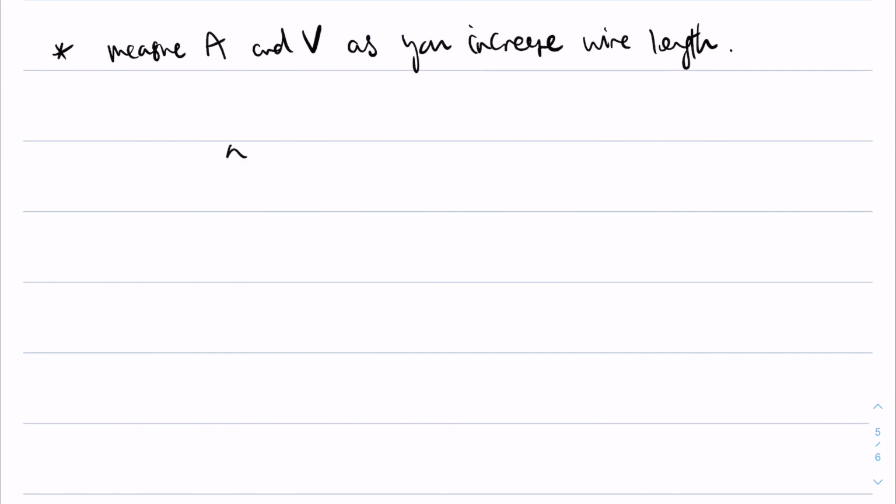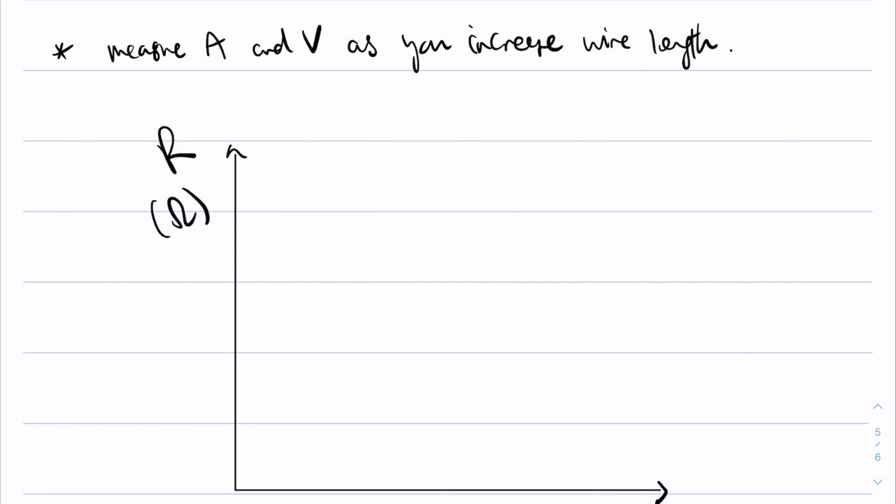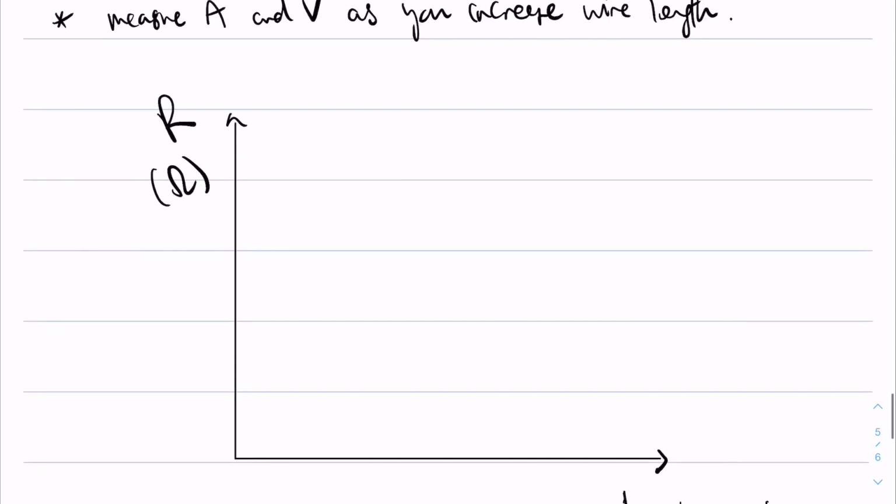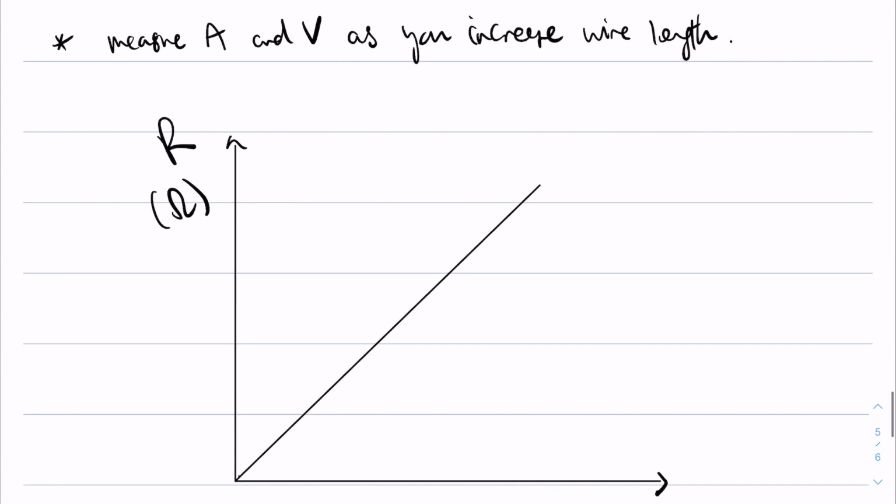And once you do this experiment, you should end up with a graph that looks like this. This is resistance in ohms, and this is length of wire in meters. And we should find that this is directly proportional. What is directly proportional?